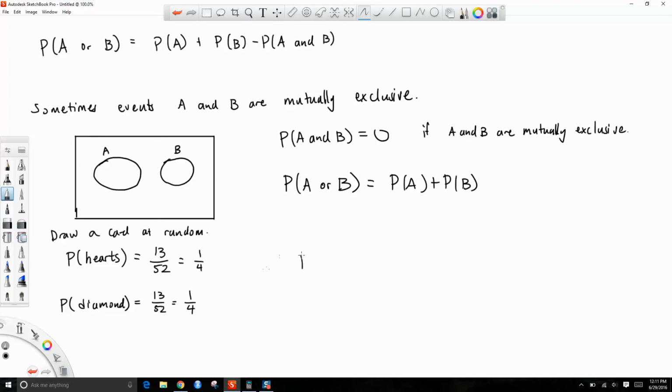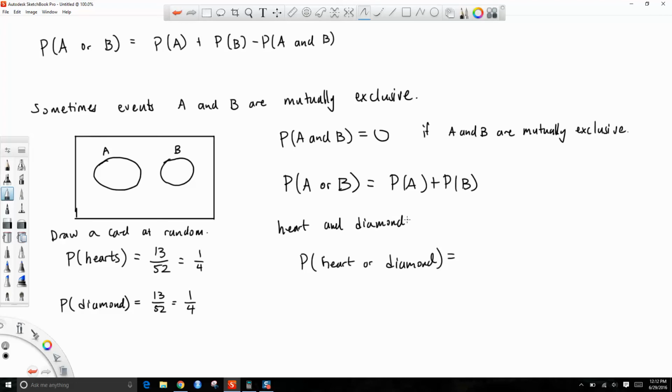So I could ask, what's the probability of drawing a heart or a diamond? And we know that hearts and diamonds are mutually exclusive. You cannot have a card that is a heart and at the same time be a diamond.